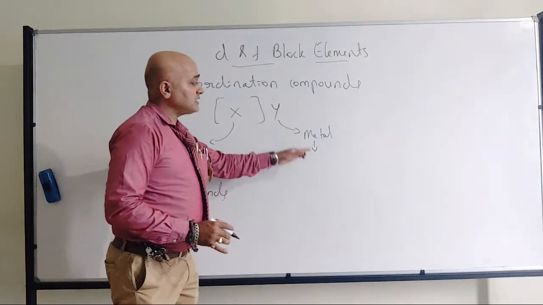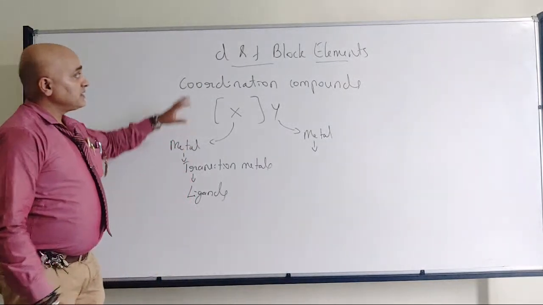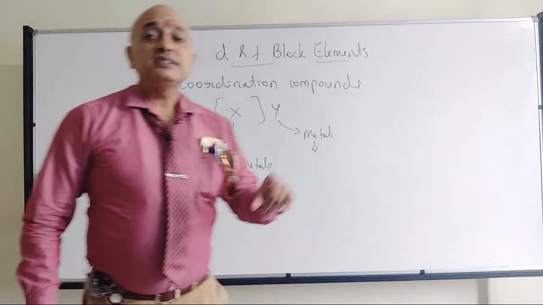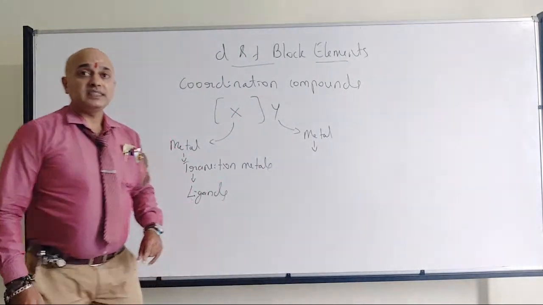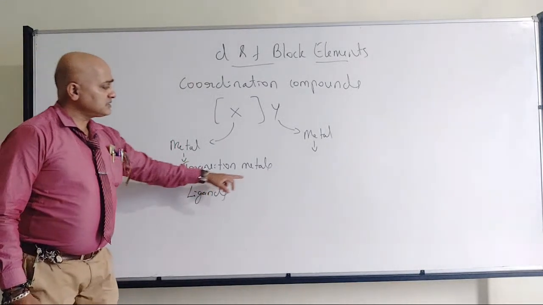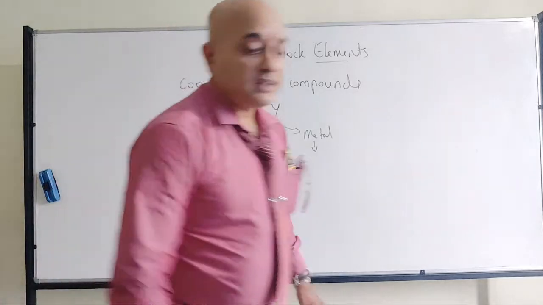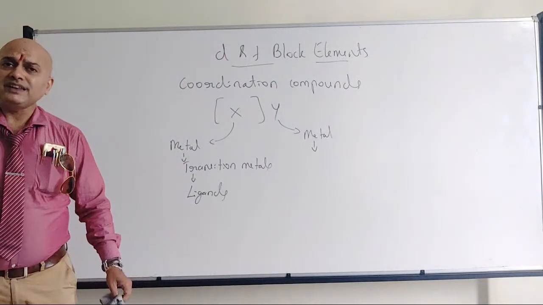So what I mean to say is that coordination compounds are those where a transition metal must be there. That's a must. That shows the efficiency of transition metals in forming coordination compounds. All of you will agree?